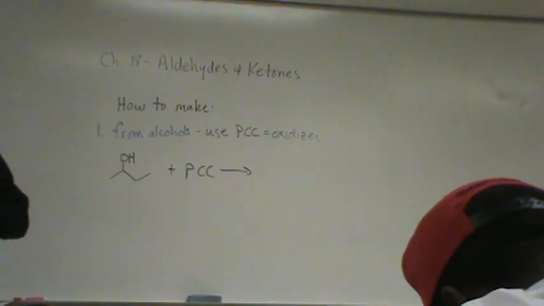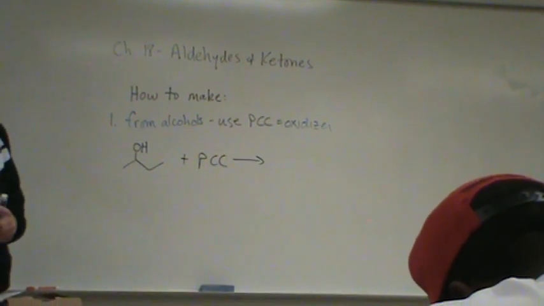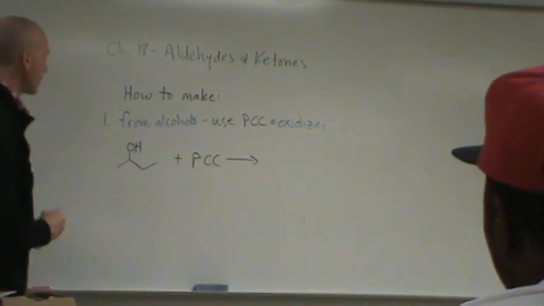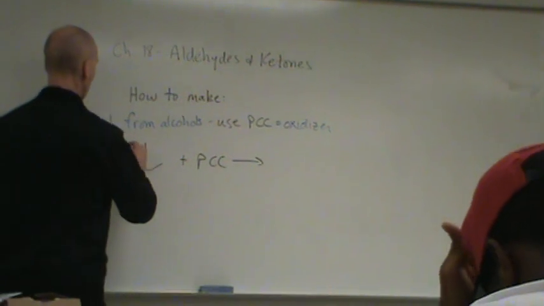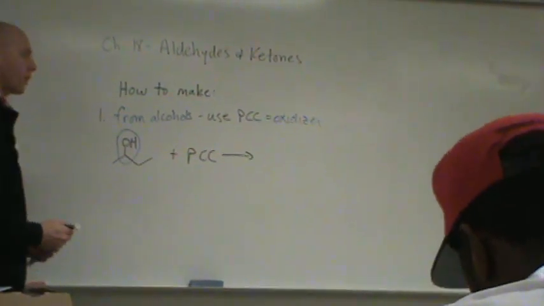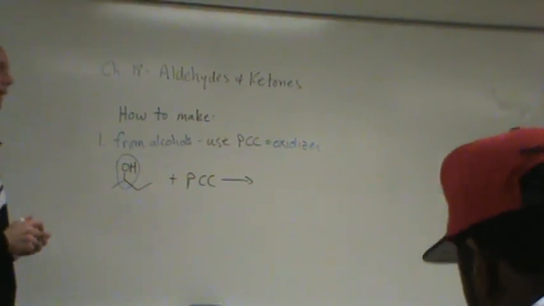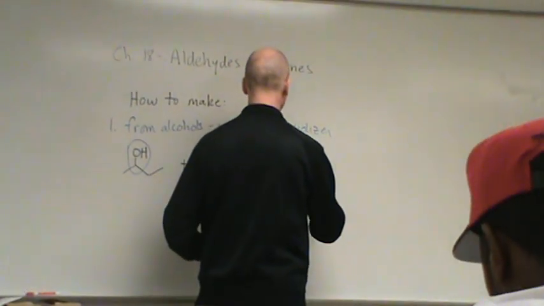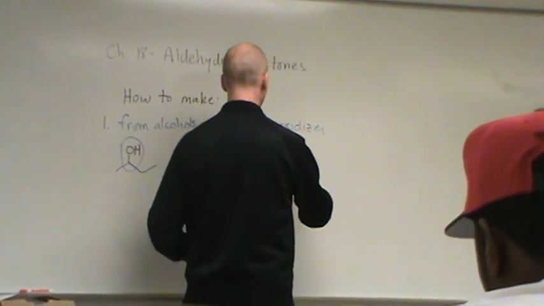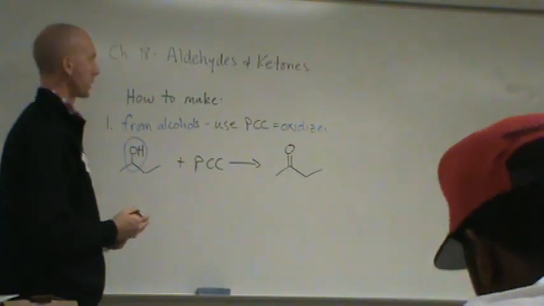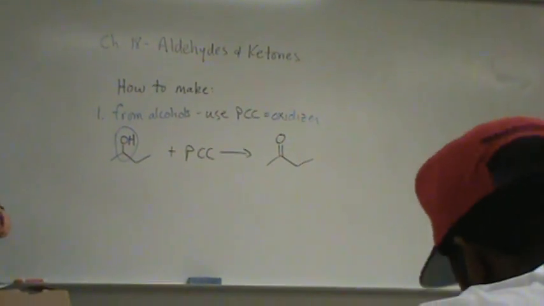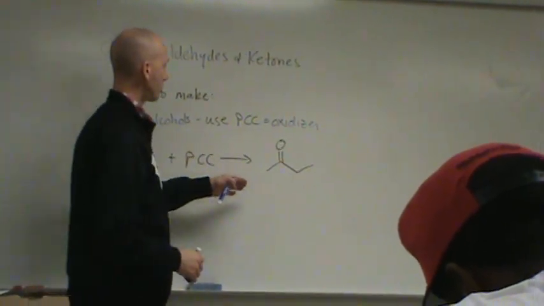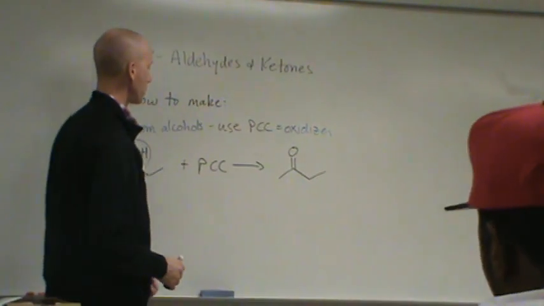This is a very simple reaction. You may want to write it down so you don't forget. What PCC does is it converts the alcohol portion to a carbonyl. So we would get butanone there. So 2-butyl alcohol becomes butanone.